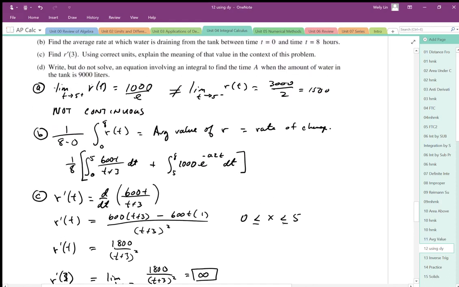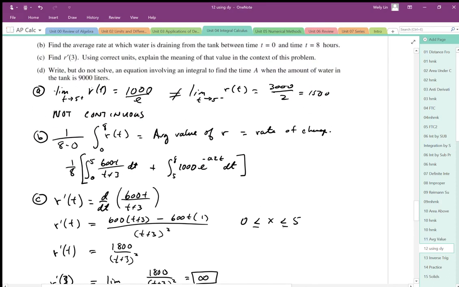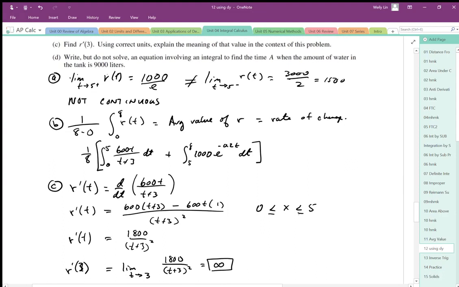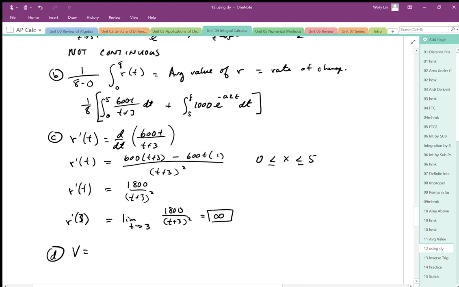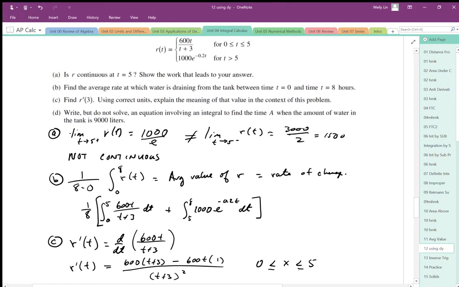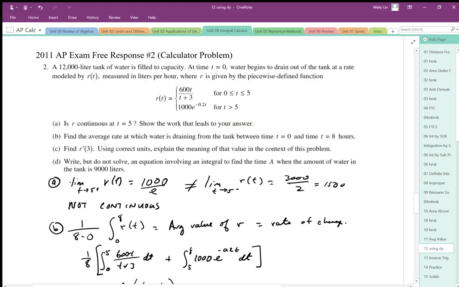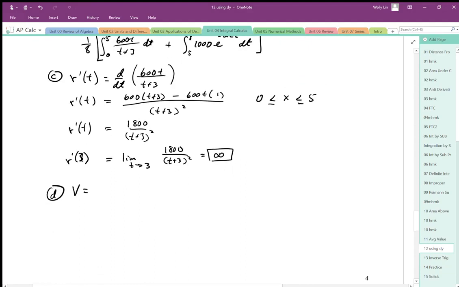Then the last part, part D. It says write, but do not solve, the equation involving the integral to find time A when the amount of water in the tank is 9,000 liters. The volume is equal to the starting amount, and it starts at 12,000 liters, plus the rate integrated from 0 to t.